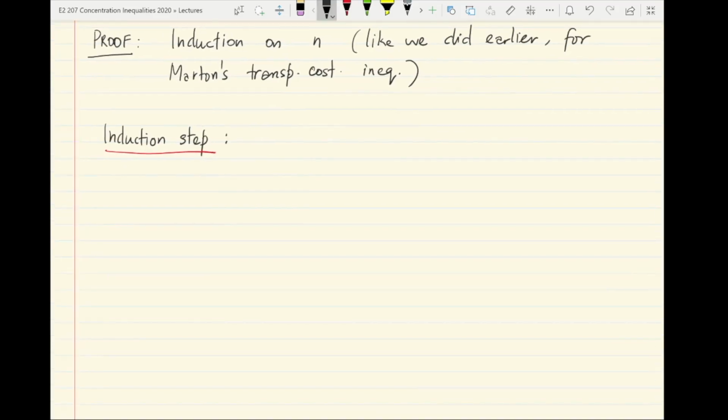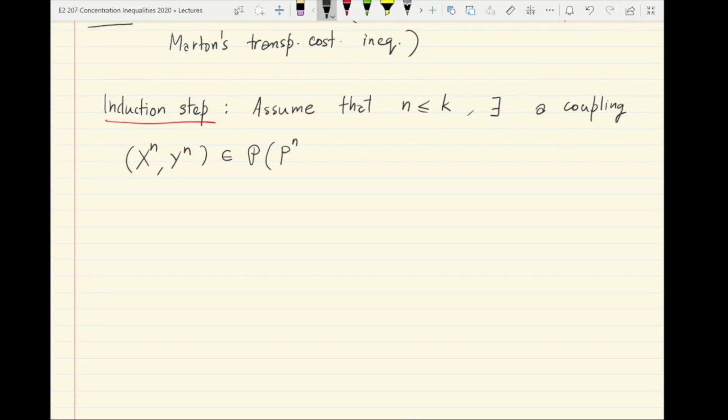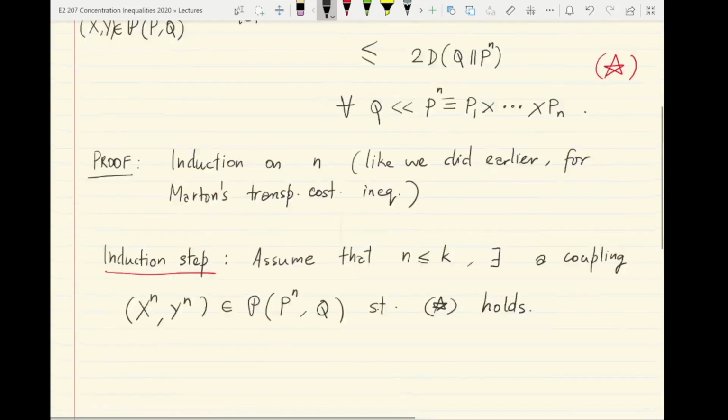So the induction step consists of assuming that for all n less than or equal to, let's say, some arbitrary integer k, there exists a coupling between x1 through n and y1 through n, which have individual marginals p1 through n and q, such that the inequality star holds, where star is going to be denoted.